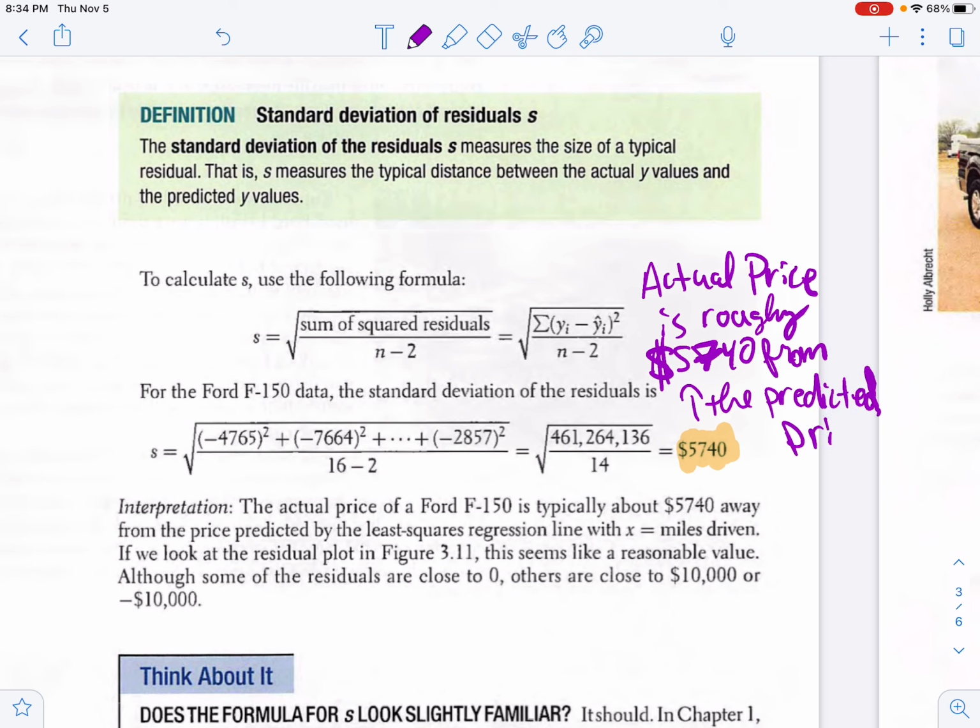And that's how we interpret the standard deviation of a residual. And if you look at the residual plot, which we've done a few times, you'll see this is fairly reasonable.